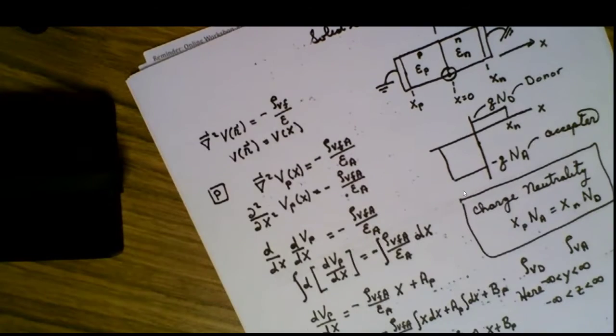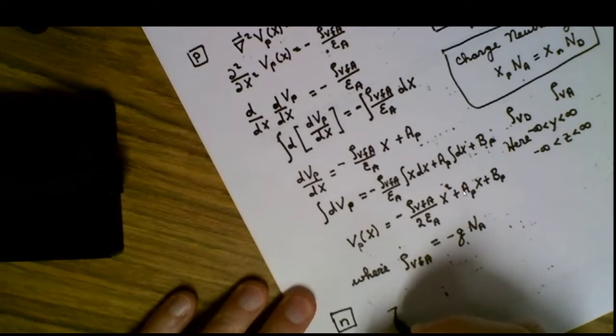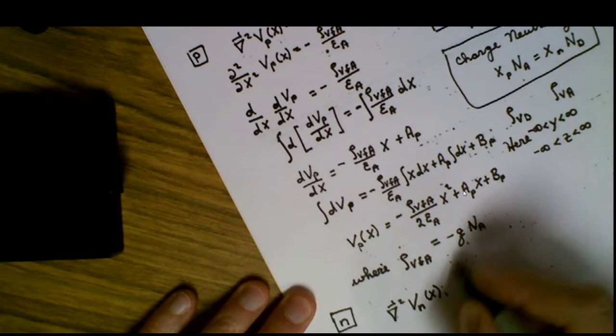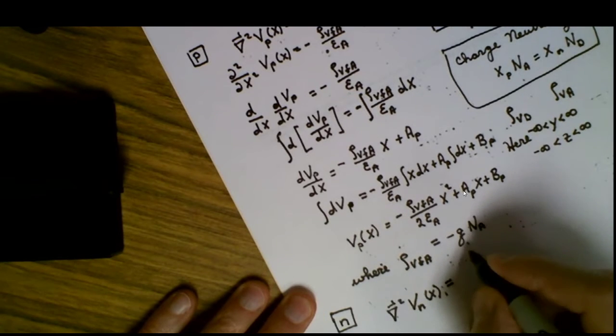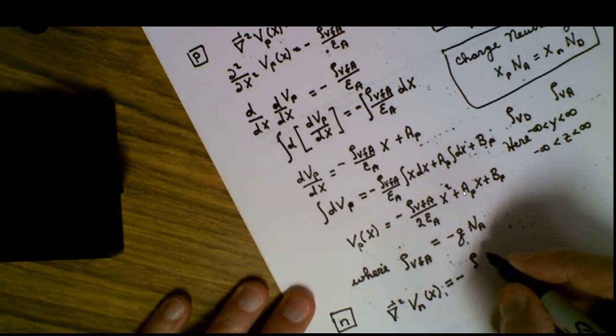Let's write down our governing equation. So we'll see that notation difference right away. We have the Laplacian operating on the potential in the N material, function of x, and that's going to be equal to our volume charge density due to our donors inside our medium.